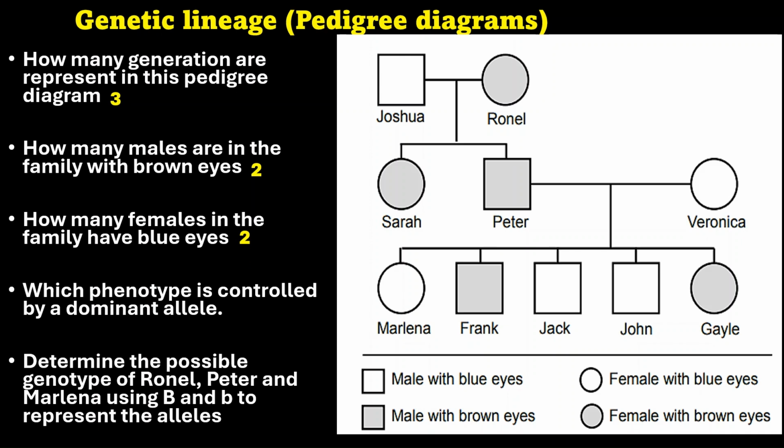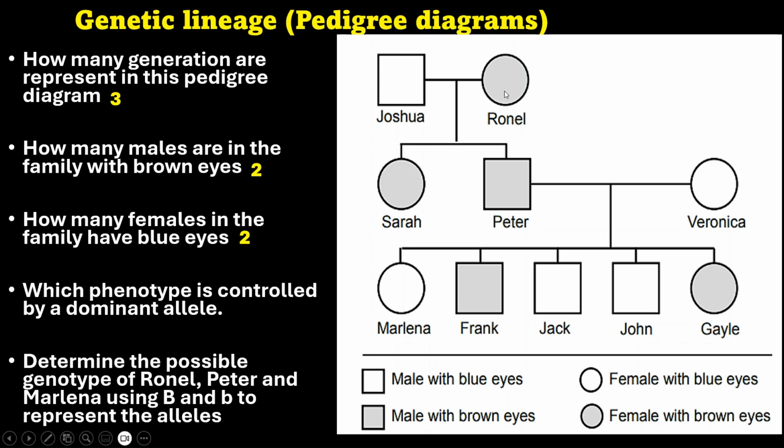Now, which phenotype is dominant? How do you determine which phenotype is dominant? You have to know what you are dealing with, so let's start from the top. Joshua's eyes are blue. Ronell's eyes are brown. Check the offspring they produce. They had two children, Sarah and Peter, and both have eyes resembling Ronell's.